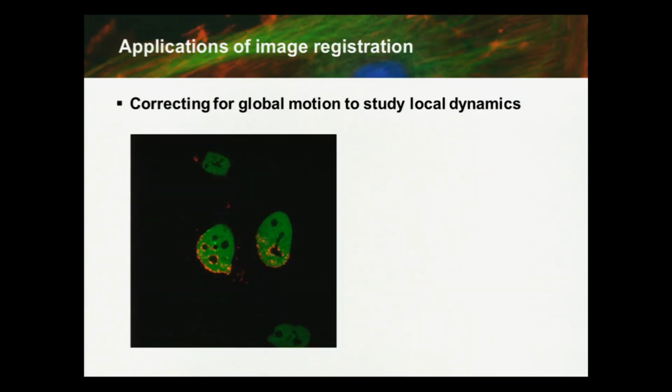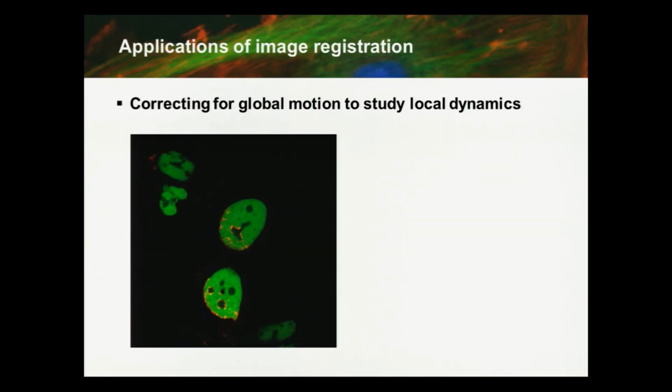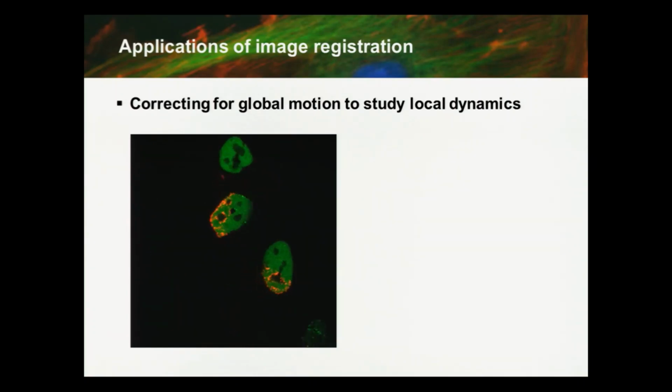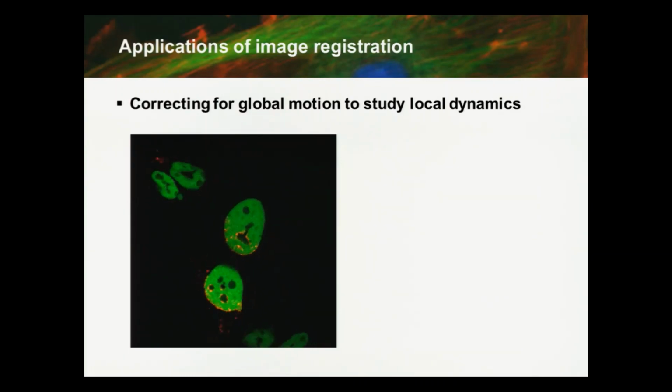What else do we have? Oh yeah, this I showed you before, I think. That was the example with the 90-degree rotation. It comes from this movie, which shows the nuclei of a bunch of cells. Suppose you would be interested in studying what goes on within the nucleus of this cell.